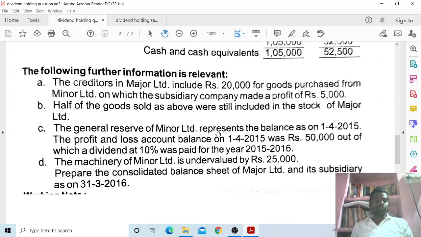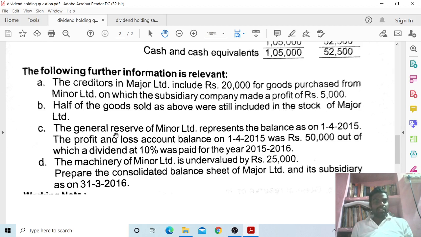Next, the following further information is relevant. A: The creditors of Major Limited include rupees 20,000 for goods purchased from Minor Limited, on which the subsidiary company made a profit of rupees 5,000. Half of the goods sold as above were still included in the stock of Major Limited.